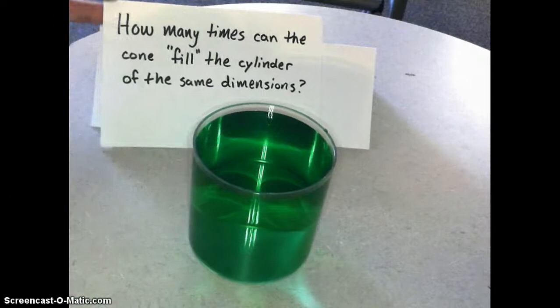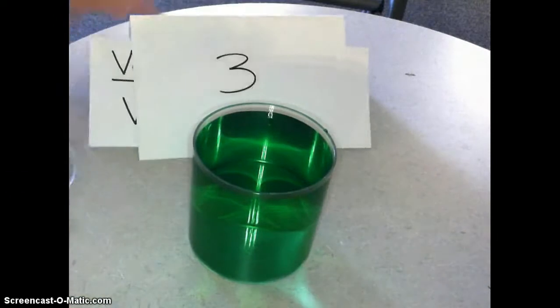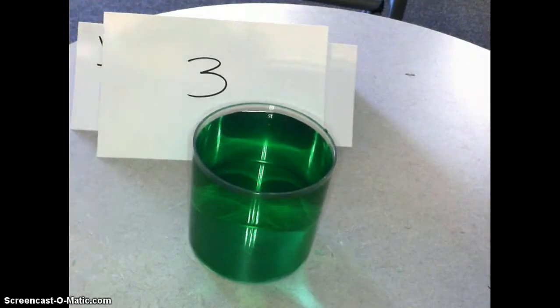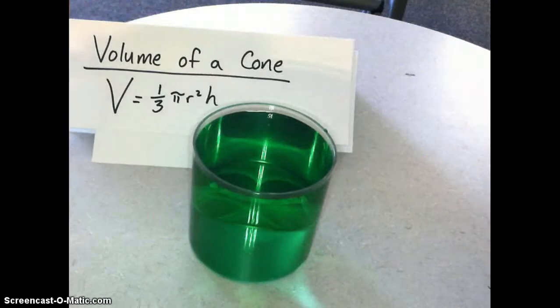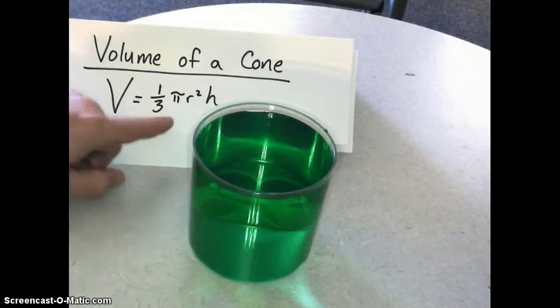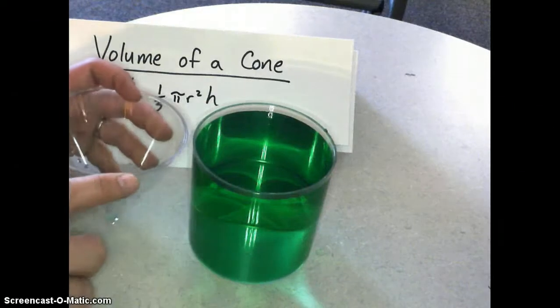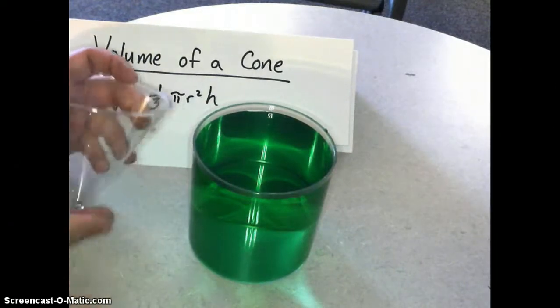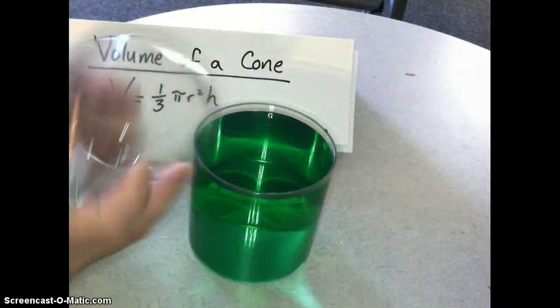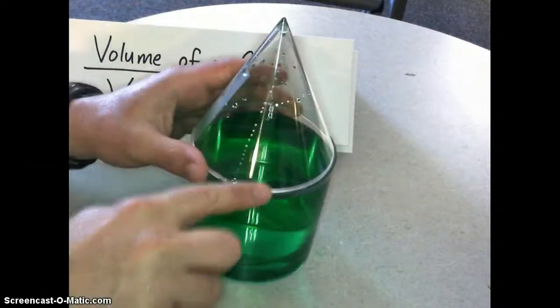So once again, how many times can we fill it? 3. That means that our volume of a cone formula is 1/3 the volume of the cylinder, pi r squared h. Remember, we're talking about the actual height from the top down to the bottom, or if you're talking about it this way, from the top down to the bottom.